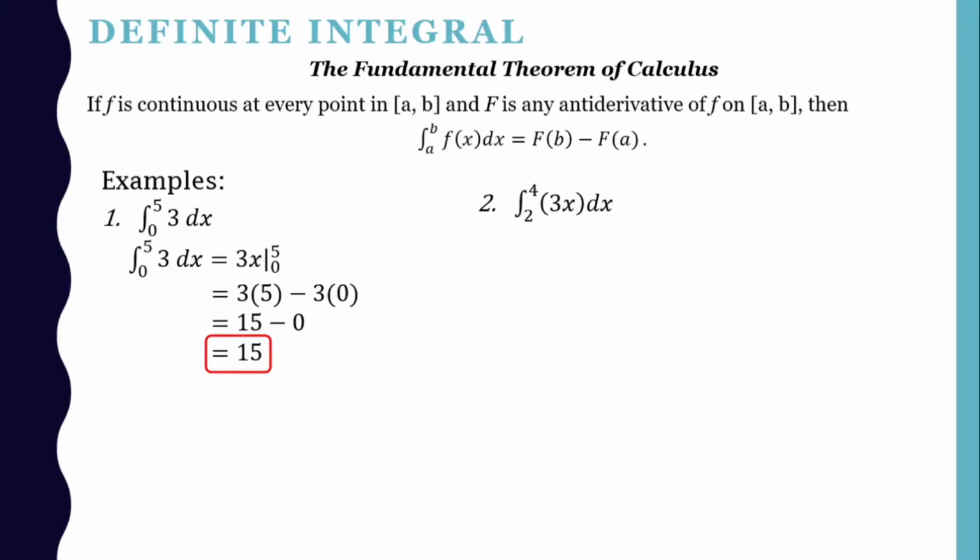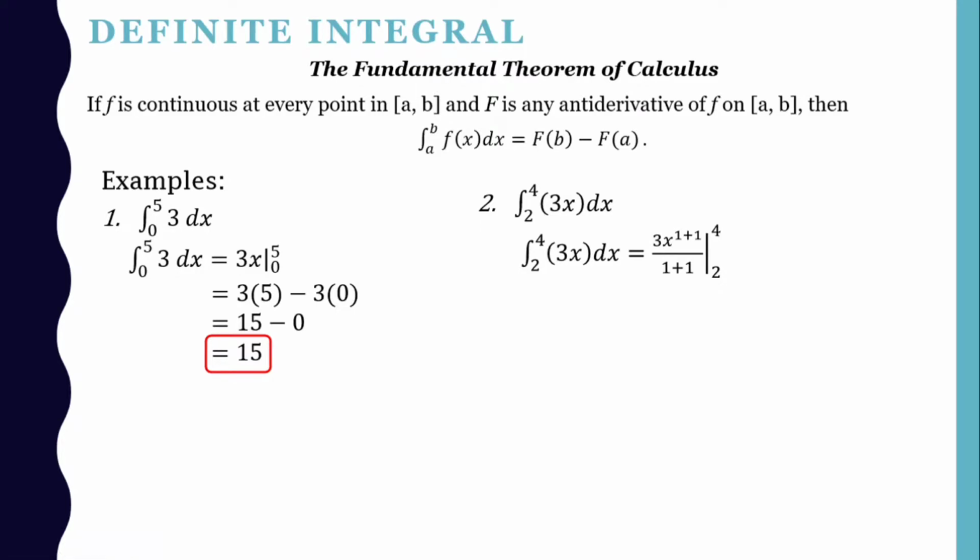Another example, we have the integral of 3x dx from 2 to 4. Again, we get the integral or antiderivative of 3x using our anti-differentiation rules. So that is 3x raised to 1 plus 1 over 1 plus 1 from 2 to 4. Again, no need to write plus c anymore.